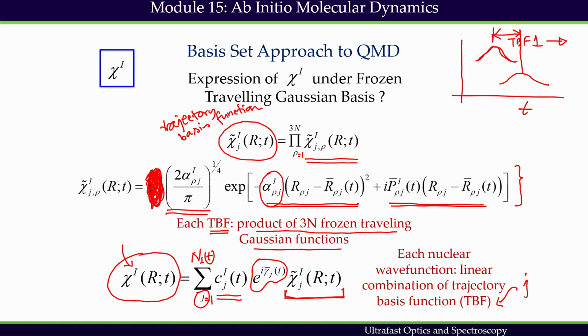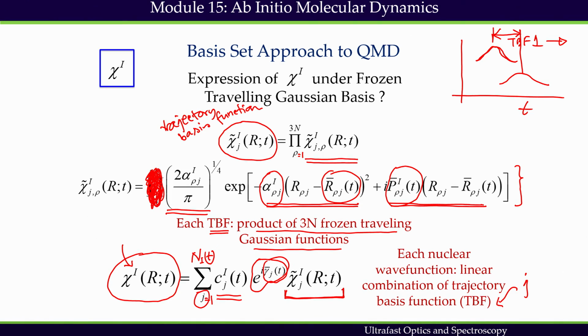Then R bar_j(t) represents the time dependent position. Then P represents time dependent momentum, and gamma represents time dependent phase.